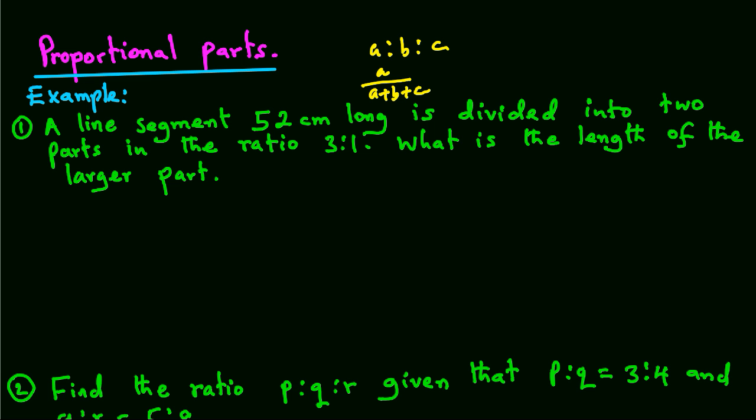For example, in question 1 here, a line segment which is 52 centimeters long is divided into 2 parts in the ratio 3 to 1. What is the length of the larger part? So here we have total ratio equals to 3 plus 1, so that is 4.